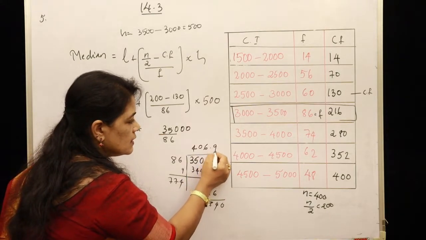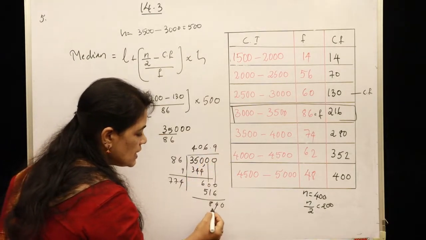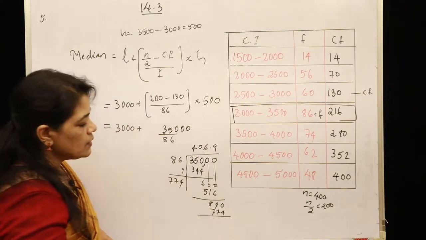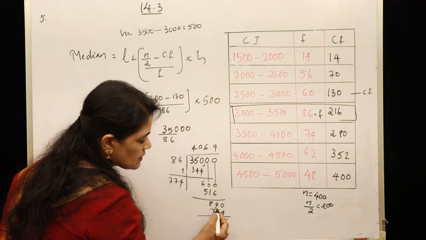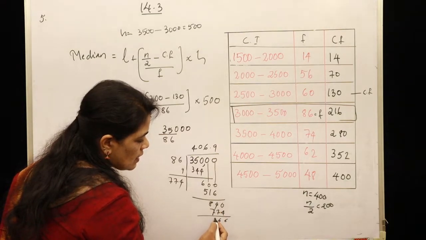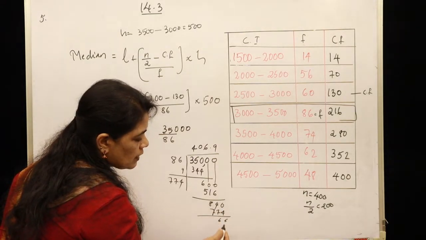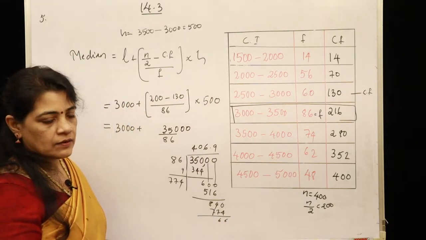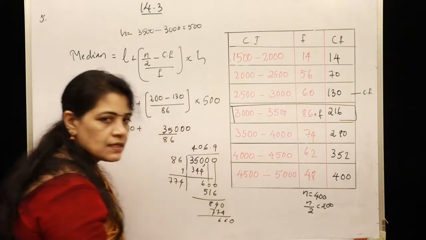So you can take 9 after the decimal point, 774. Subtracting, we get 66 as a remainder, after borrowing from here.